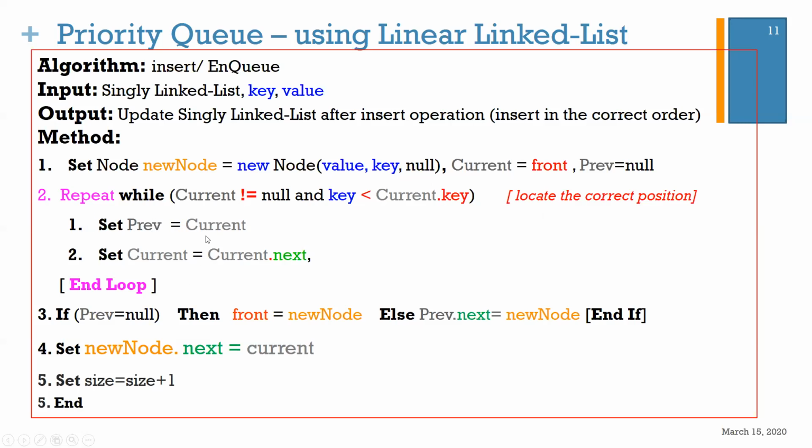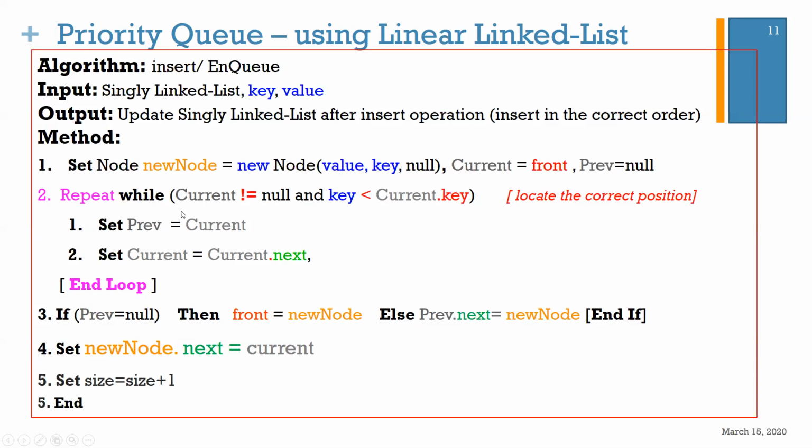After finishing this repetition, we finish in two cases. The first: current is not equal to null but k is not less than current.k, that's okay. We exit at the appropriate place, the correct position, right?